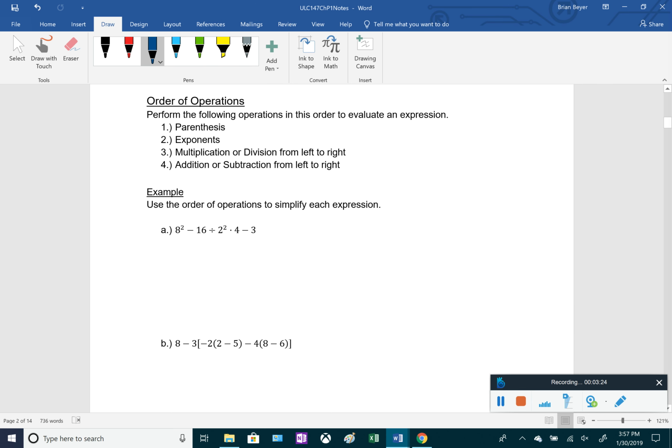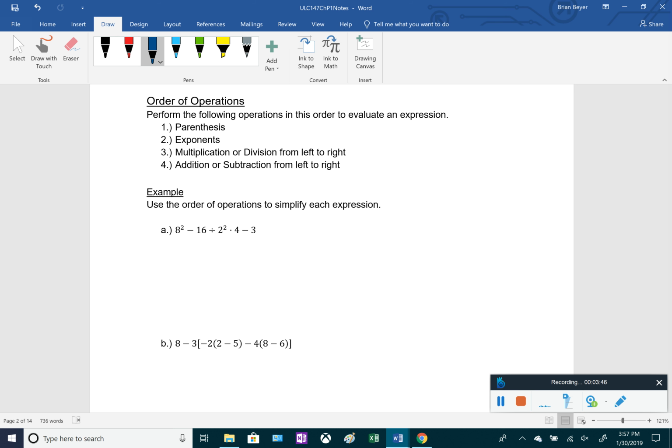In order to evaluate expressions, we need the correct order of operations. So we need to evaluate them in this order. So we're going to do whatever is inside the parentheses first, if there is any. Then we're going to do the exponents. And then we're either going to do multiplication or division, whichever one comes first from left to right.